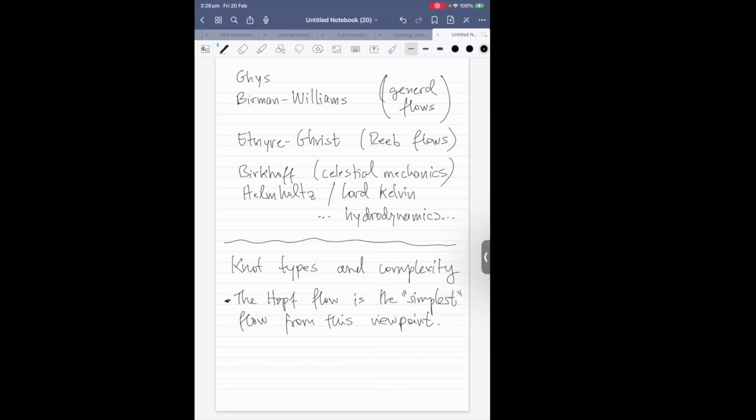Every orbit of the Hopf flow, think of it as two harmonic oscillators with the same period. Otherwise said, think of the round three sphere sitting inside R4 as an energy level. Every single periodic orbit has exactly one knot type, which is the simplest knot type you can think of, which is the unknotted.